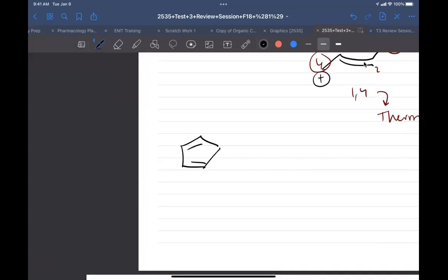If we added HCl to this one, 1, 2, 3, 4. And you always go in the direction of the other alkene, because obviously the way the 1,4 addition works is that it conjugates over. So it kind of implies you need a neighboring alkene. So 1, 2, 3, 4 this way.